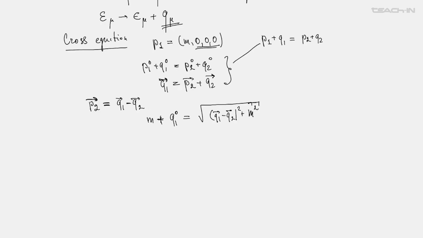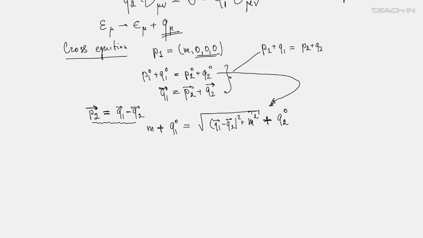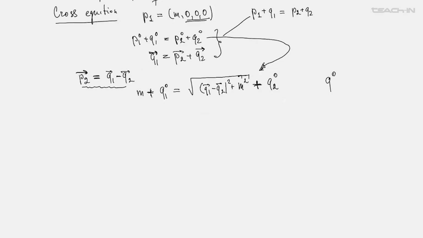Right, so this is the conservation law now, written by taking into account this expression for P2 and the dispersion relation for an electron after scattering. Also, for photons, we know that the dispersion relation is Q0 is equal to the modulus of Q, because the photon is massless. So energy is the modulus of spatial momentum.